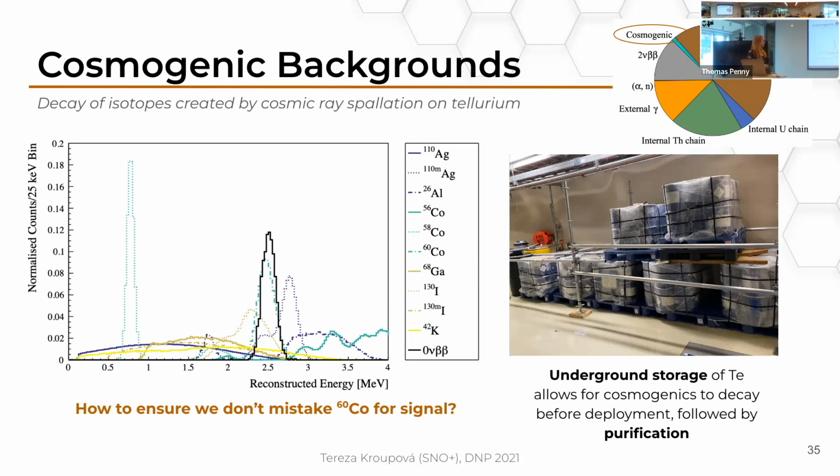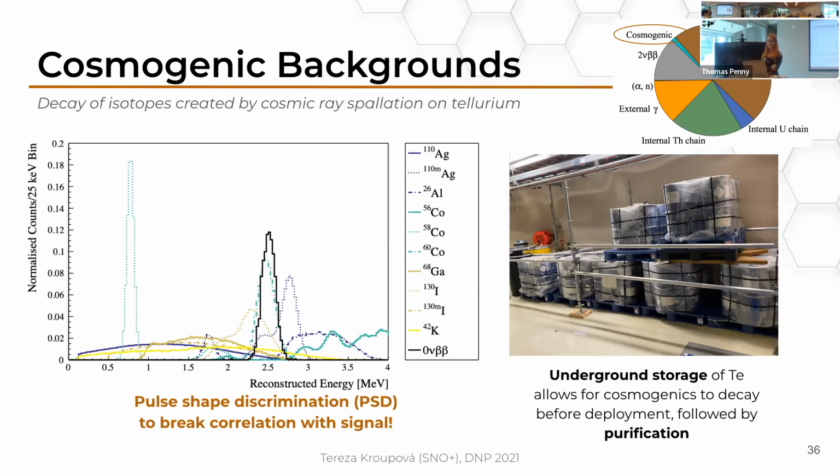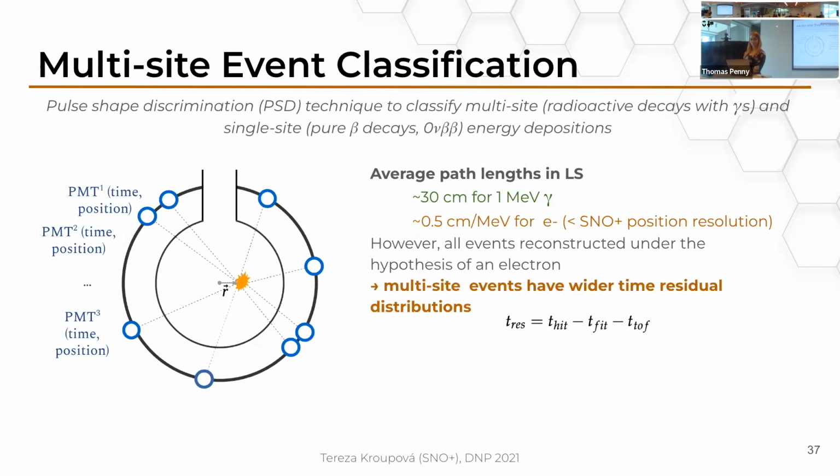It's important to notice, again, this is normalized counts. This is just looking at the shape. We don't expect these backgrounds to be this high. But even if we don't expect them that high, if we made a discovery, we need to make sure that we can convince people that this is not just cobalt-60. And this is where pulse shape discrimination becomes even more important than for the external gammas.